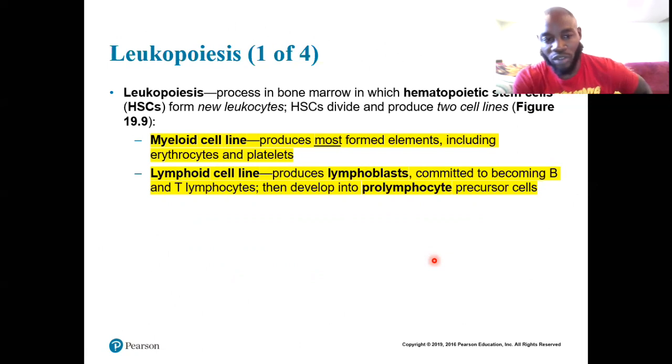They start off with the myeloid cell line, which produces most formed elements, including erythrocytes and platelets. They also have this lymphoid cell line, which produces lymphoblasts, which eventually become your B and your T cells. Right, so different cell lines lead to different types of cells.